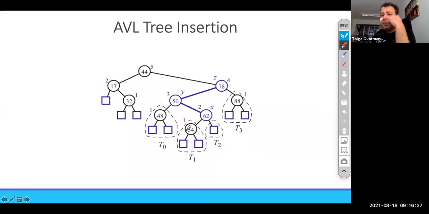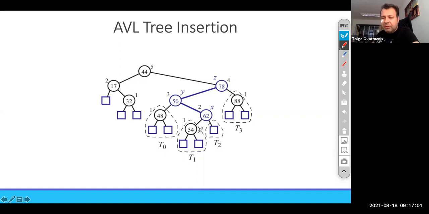But when you add this, let's take a look. When we add 54, by the way, I forgot to mention that AVL trees are structured like a binary search tree. So when you are making the additions of 54, you start from the root, and you say 54 is larger, so it should be on the right. Smaller, it should be on the left. Larger should be on the right.